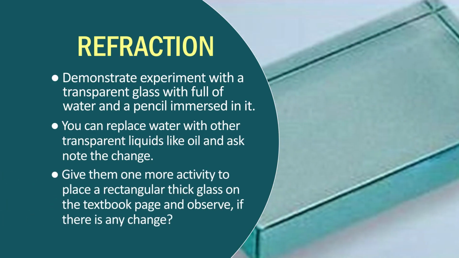You can give them one more activity. Give them a rectangular thick glass piece and ask them to put it on their textbook page and observe. Is there any change? They may tell you that the words below the glass slab are coming up and look larger. Why is it happening?